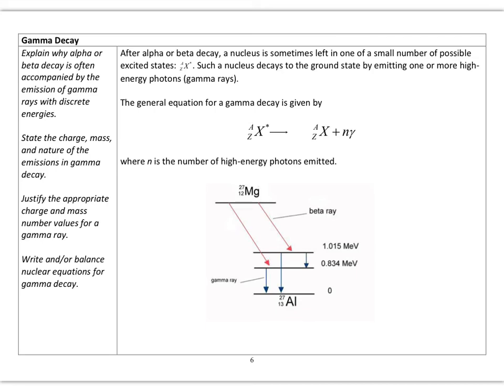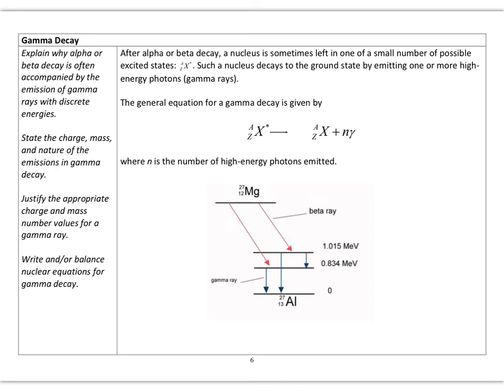Now, because the magnesium nucleus has a certain energy level and the aluminium has certain energy levels, when this relaxes, the beta particle will get an energy corresponding to this transition from this state to this state, or this state to this state. So in this case, there'd be two possible energies of the beta particle.